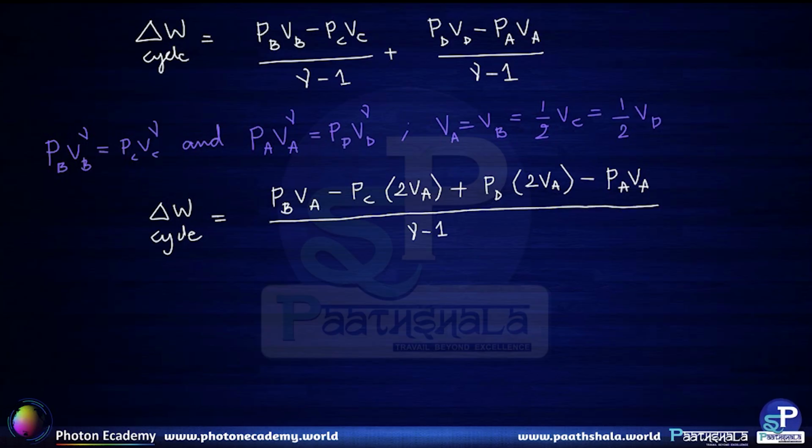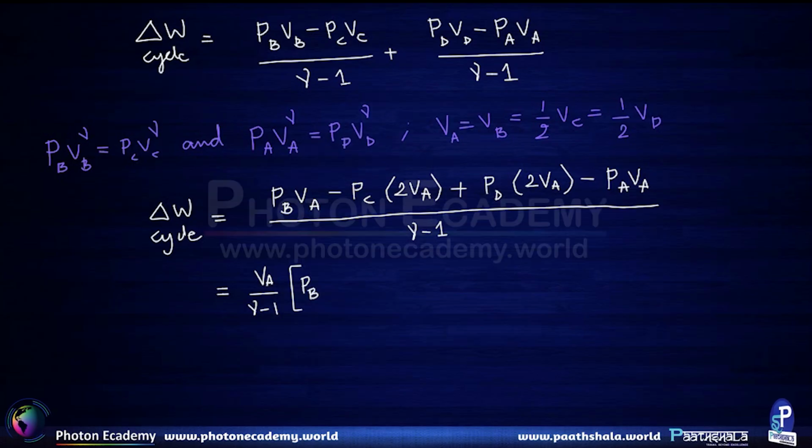So this is going to become Va by gamma minus 1 into Pb minus 2Pc plus 2Pd minus Pa.